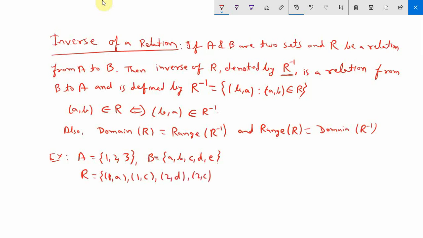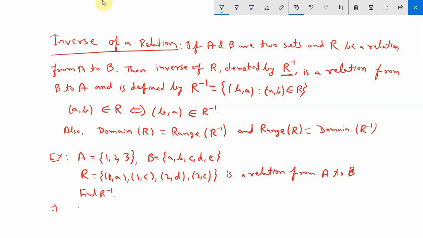Okay, this is a relation from A to B. So find R inverse. So what do we have to do? We have to just reverse the order of set R.